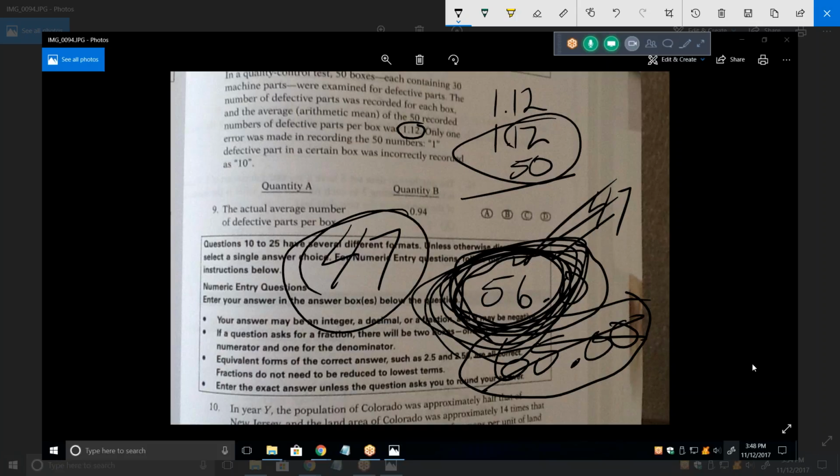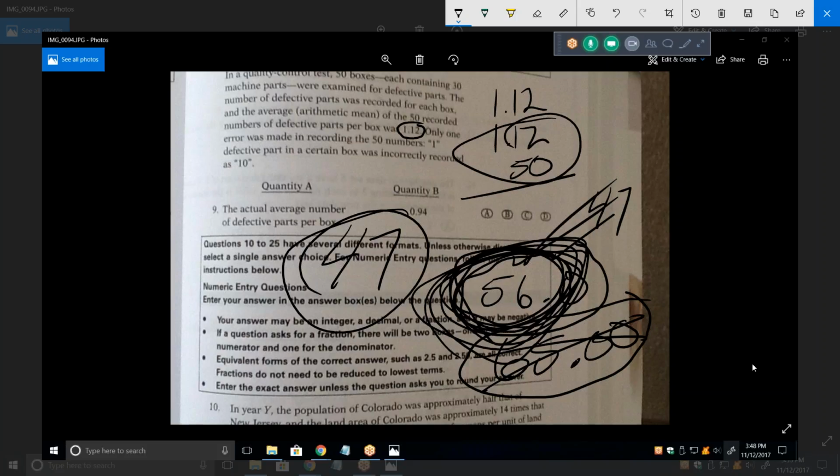Okay. Now tell me what the average number of defective parts per box is, if there were only 47 defective parts in all 50 boxes. So that would be 47 divided by 50? Use your calculator. Yes, 47 divided by 50.